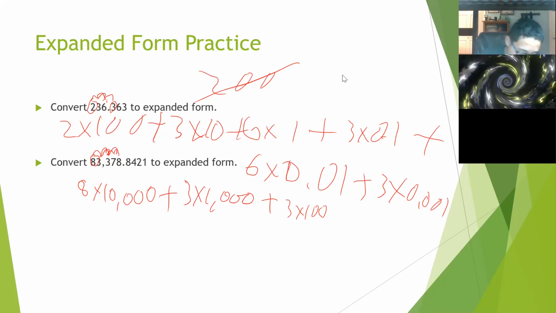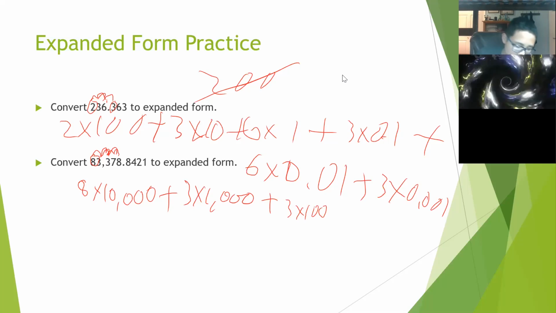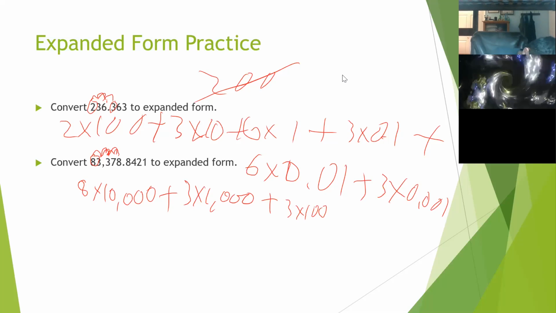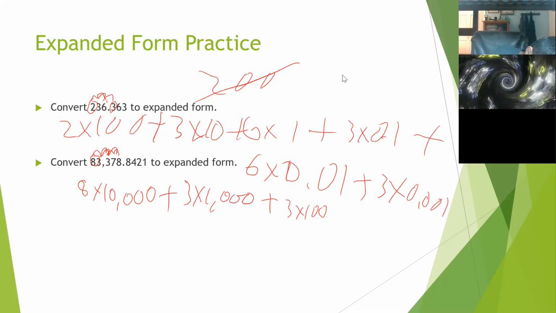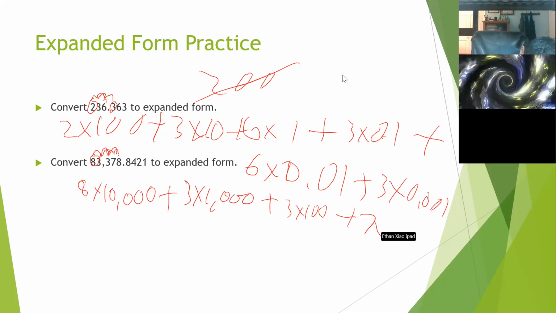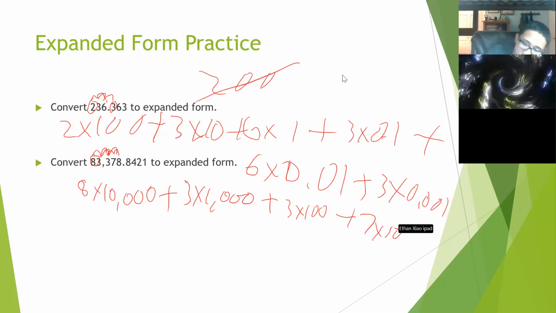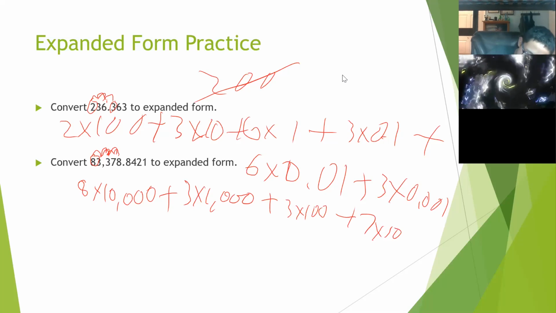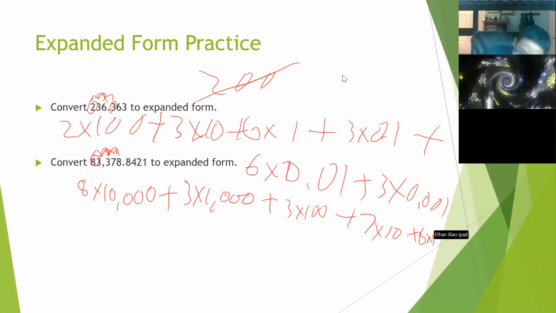And the 7 is the tens place value, since it's only 1 space away, plus 7 times 10. And the 8 is the ones digit itself, so we just do plus 8 times 1.